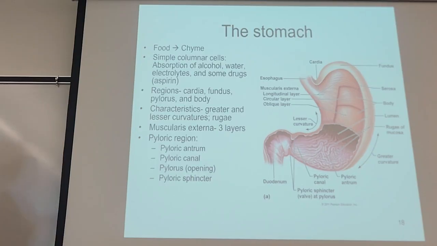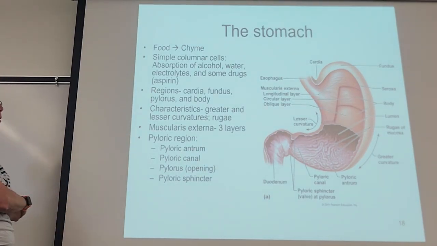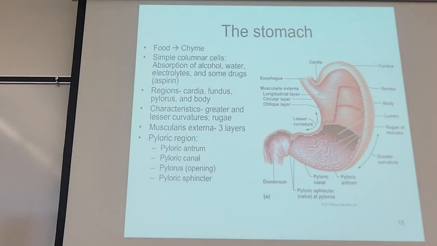So now we're switching to simple columnar cells, and we get a little bit of absorption here in the stomach. So we get alcohol, water, electrolytes, some drugs like aspirin. Alcohol is a good thing, so when you drink it, you don't have to wait like an hour for your entire digestive system to process it, because once it hits your stomach, then you can absorb it.